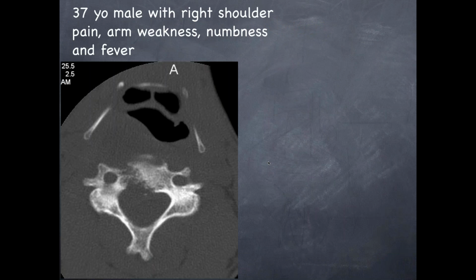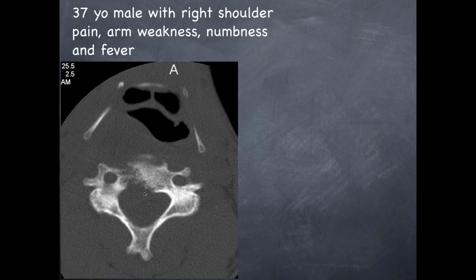Okay, so a 37-year-old male with right shoulder pain, arm weakness, numbness, and fever. So cervical vertebral body: there is evidence of destruction of the vertebral body, with some, I think, inflammatory infectious phlegmon posteriorly.